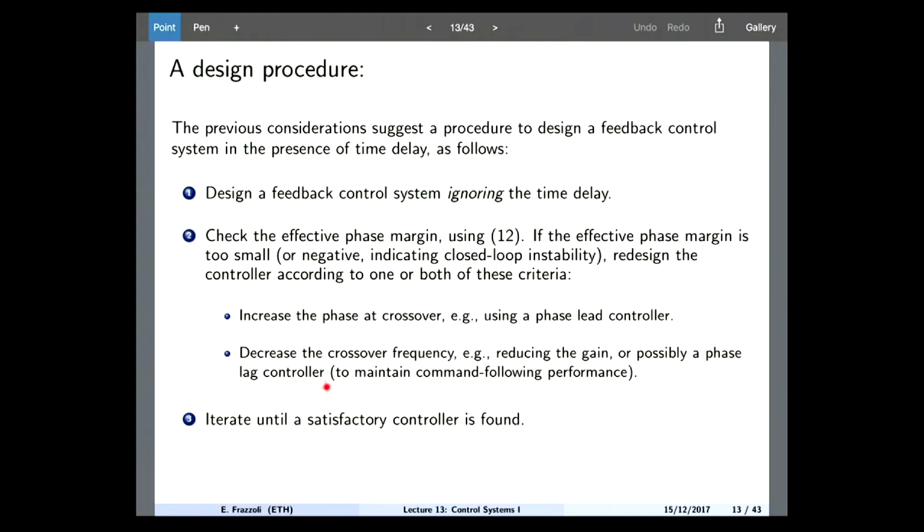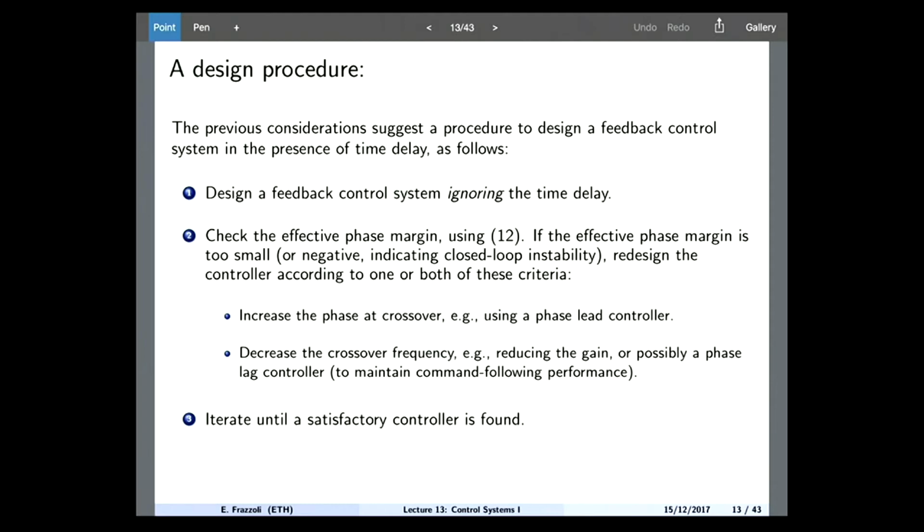Another option is to decrease the crossover frequency, okay? Because if you decrease the crossover frequency, you also decrease the phase delay, okay? So you may still get a good phase margin, okay? And that's exactly what you do when you are carefully changing the setting in your shower, okay? So essentially what you're doing is a low gain control strategy, which is also a low bandwidth, low crossover frequency control strategy, okay?